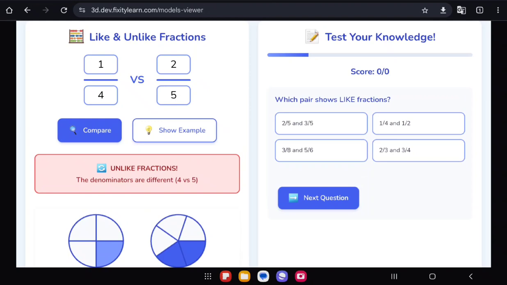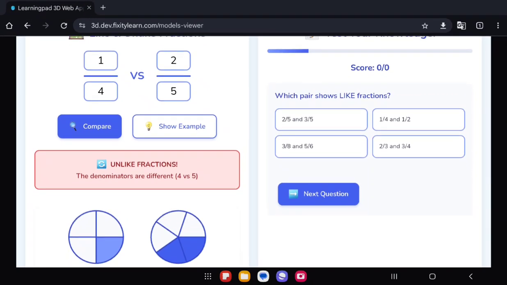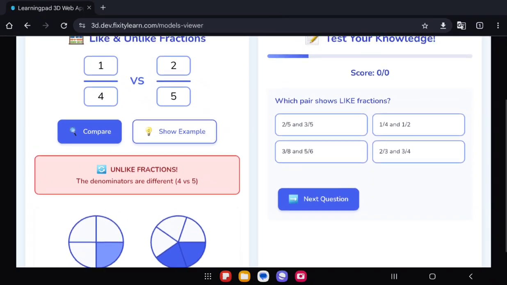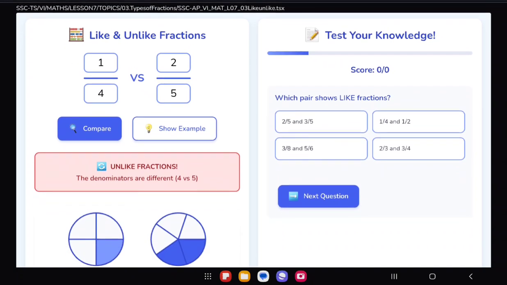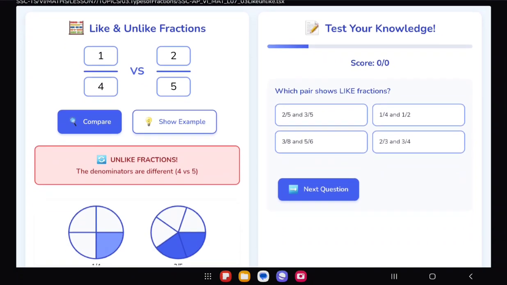Now, on the basis of what we have studied till now, can we have some questions? Which pair shows like fractions, students? On the right hand side, in the test your knowledge section, we are going to be clicking the option which says the correct answer. Which pair shows like fractions?